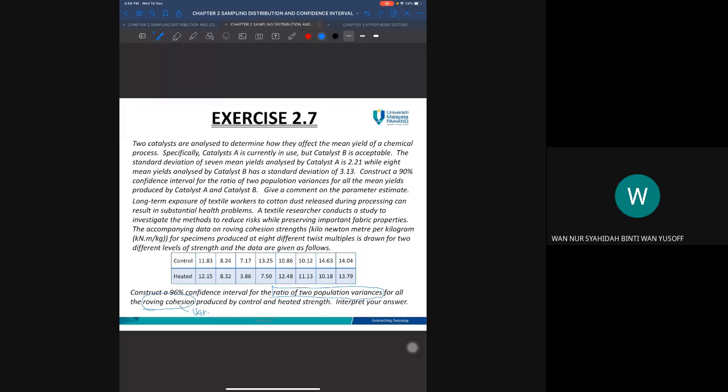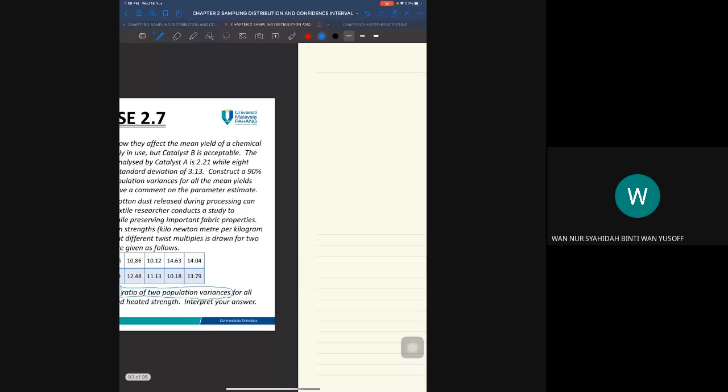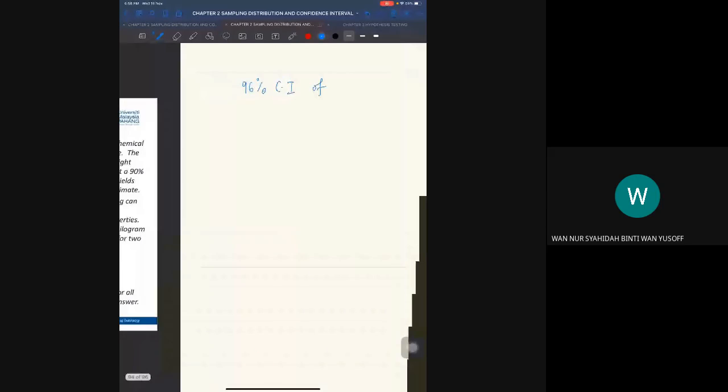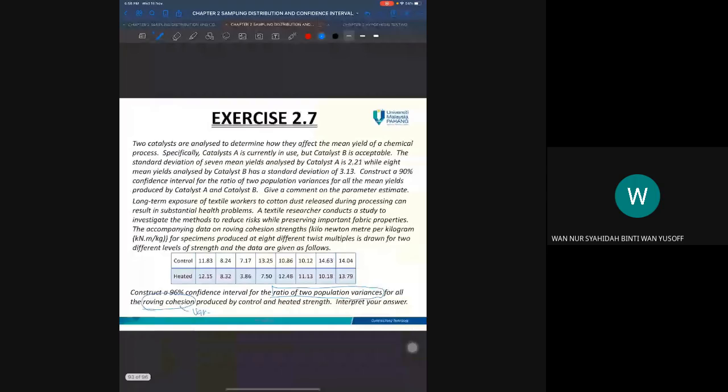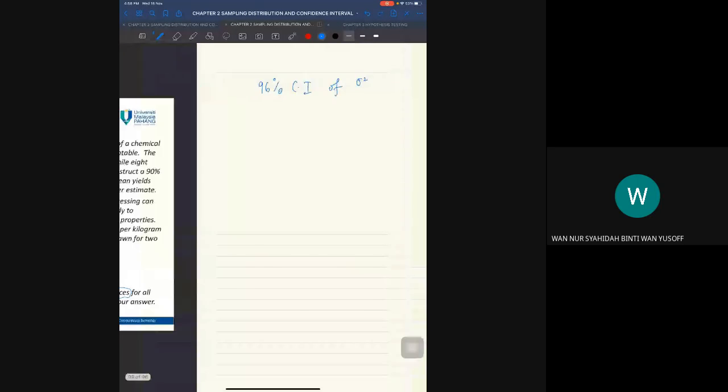Okay, so produced by control and heated strength. So that means we need the 96% CI of sigma control divided by heated.